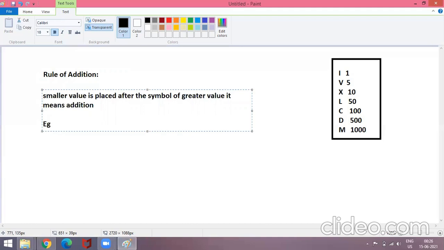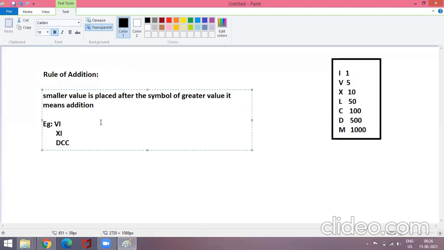Example, VI, XI, VCC, etc. Shall we see the representation for the same?